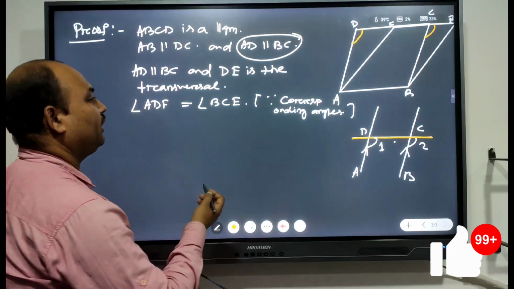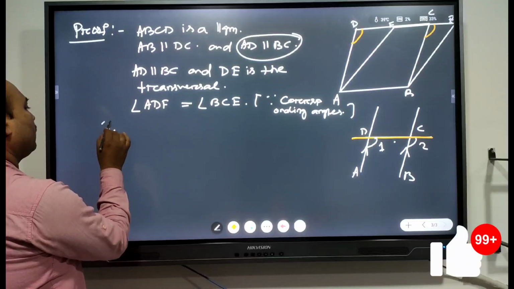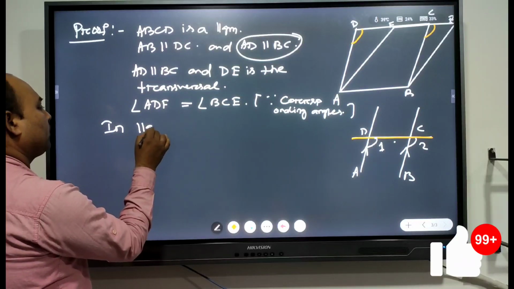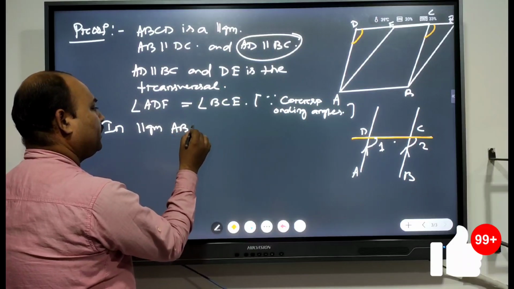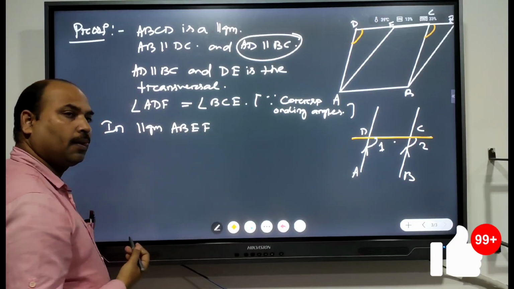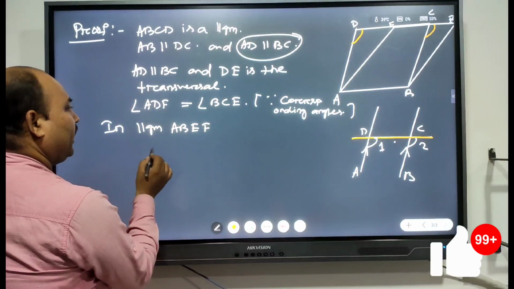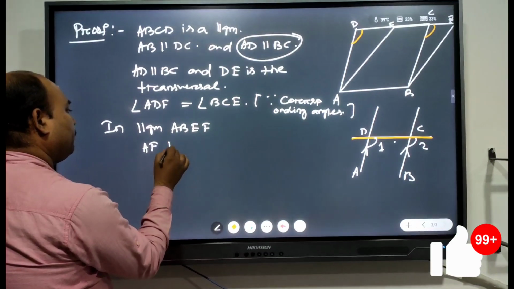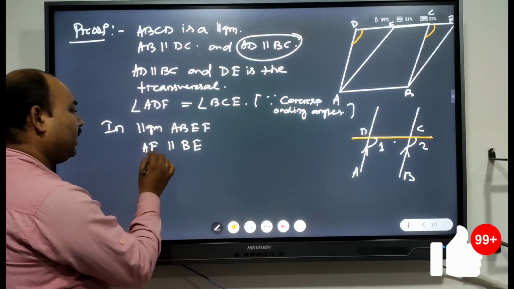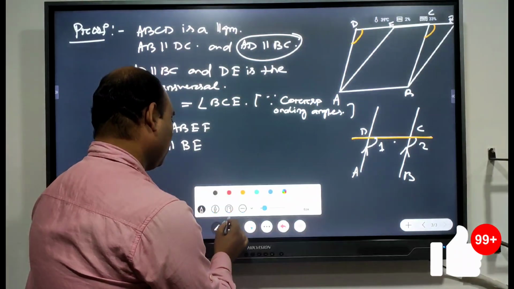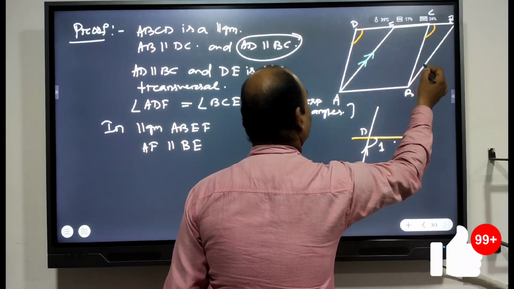Like that, again we will take another parallelogram, ABEF. In ABEF, which is parallel? AF is parallel to BE.